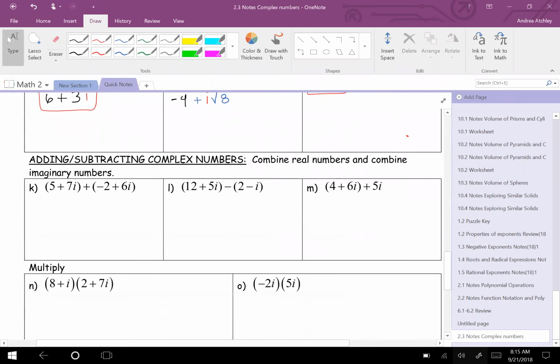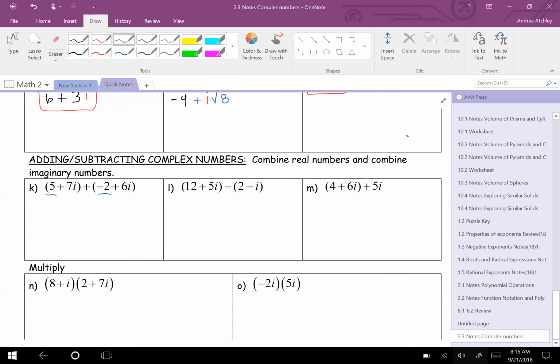Okay, adding and subtracting complex numbers are just like adding and subtracting polynomials. You're just going to combine like terms. Imaginary numbers go together and real numbers go together, just like x squared goes with an x squared and x goes with x. So 5 and -2 are like terms. They're both the real part of our complex number.